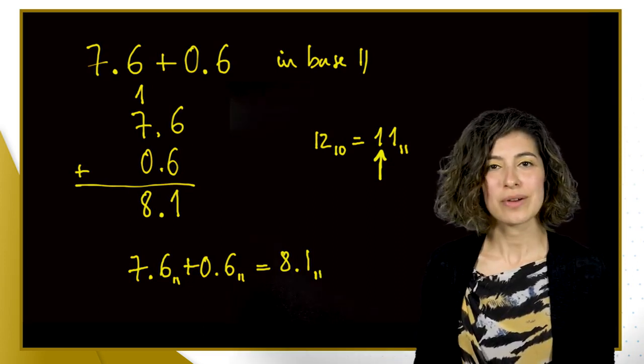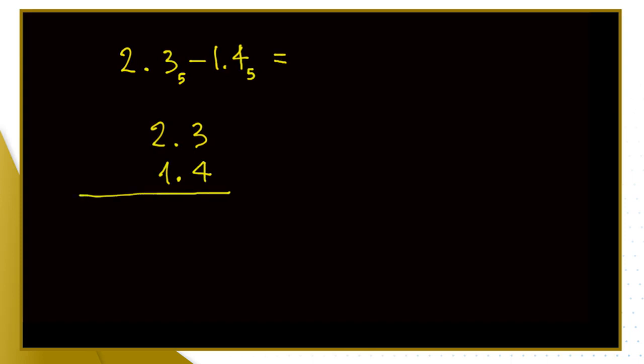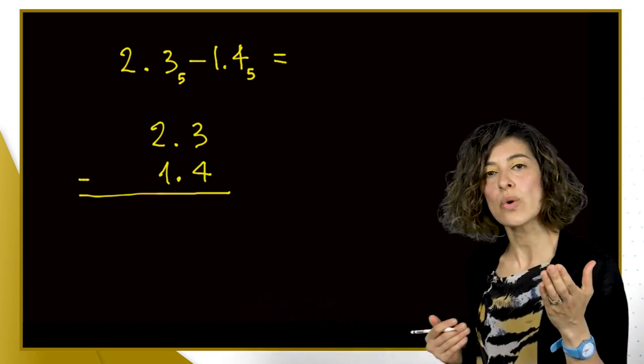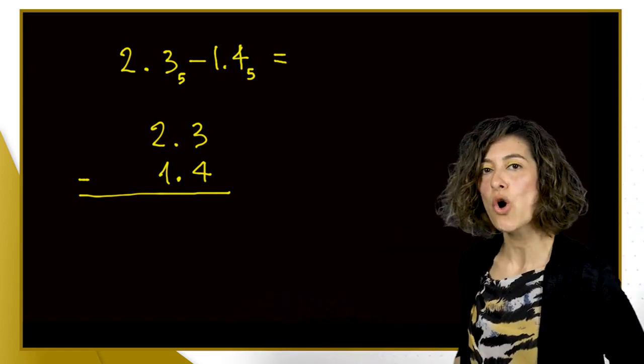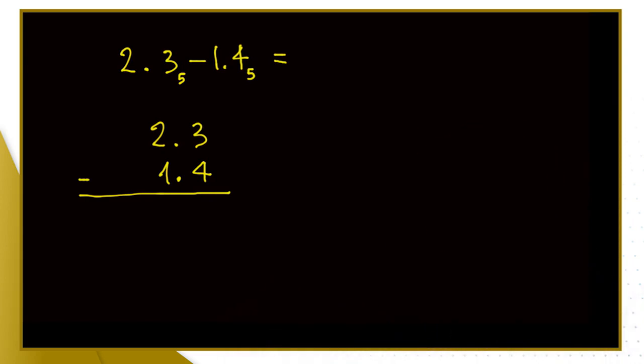I'm going to do subtraction now in base 5. 2.3 take away 1.4, and that's base 5. Stack the numbers one on top of the other, place values aligned. We're going to subtract. Column by column, we've got 3 take away 4. Too small, we're going to have to borrow. We have a 2. We're going to split that into a 1 plus a 1. We're going to lend it to the 3.